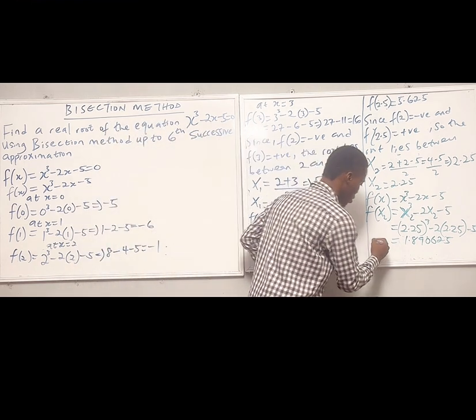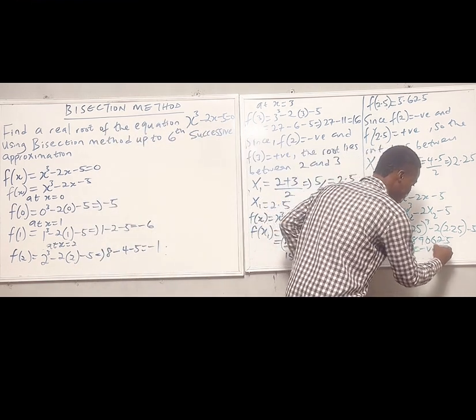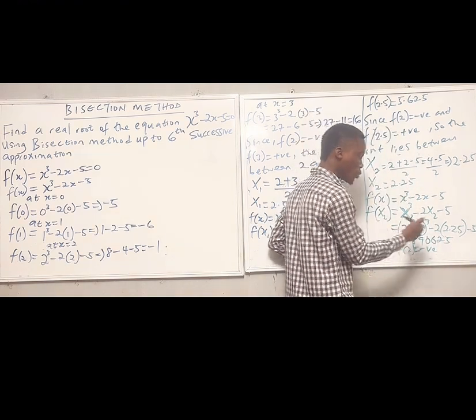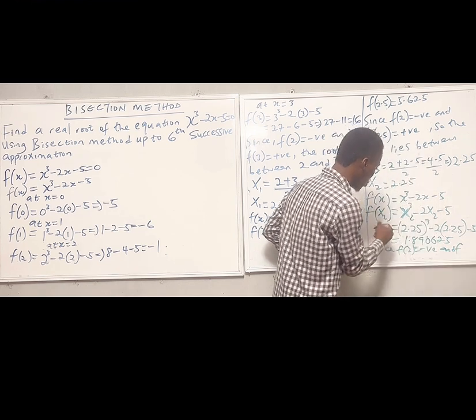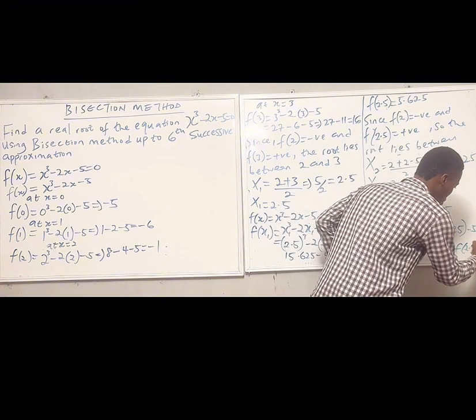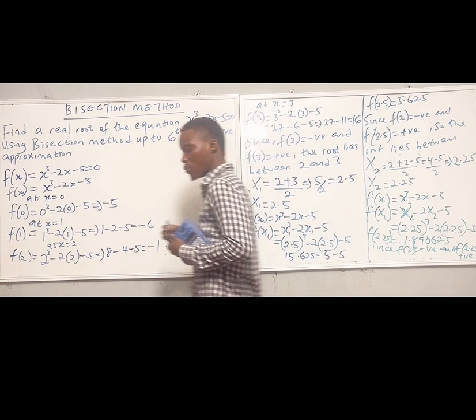Since f of 2 is negative, it will be my first root, and my second root is f of S2, which is f of 2.25, and it is positive.